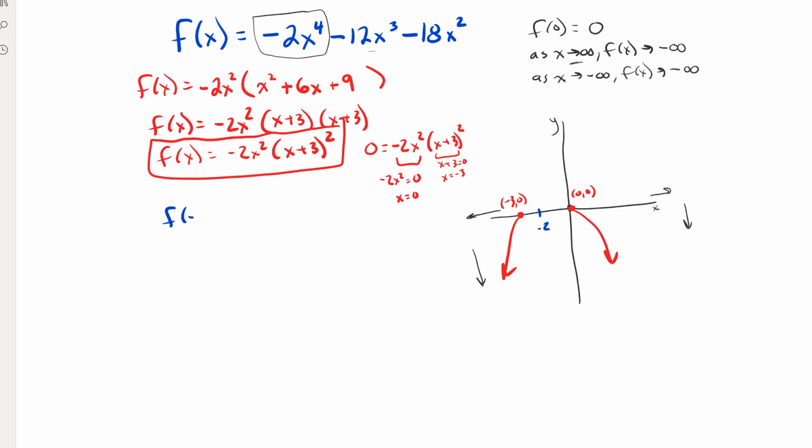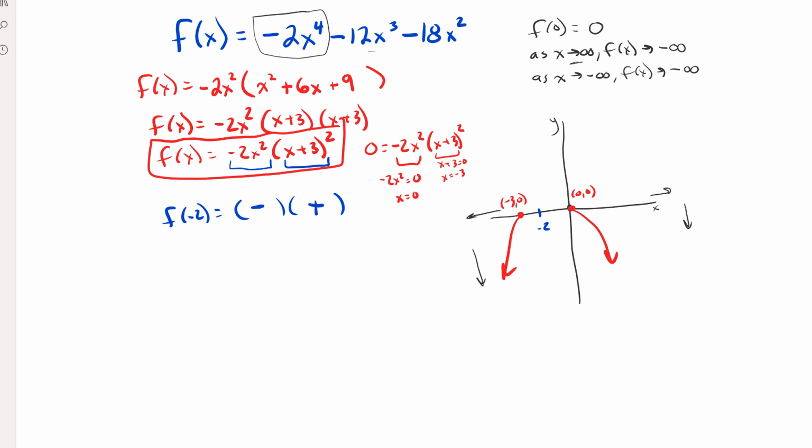So what is f of negative 2? Again, I'm mostly going to be worried about whether this is a positive number or a negative number. For negative 2x squared, if we put negative 2 in, we have negative 2 squared, which is positive 4, times negative 2, so that's going to be a negative number. Negative 2 plus 3 is positive 1, and positive 1 squared is positive.